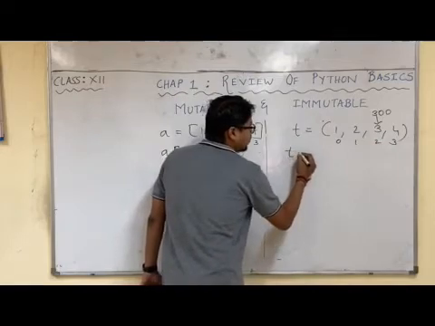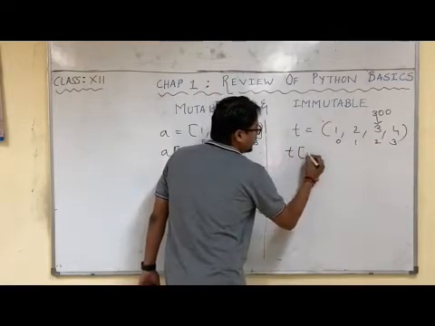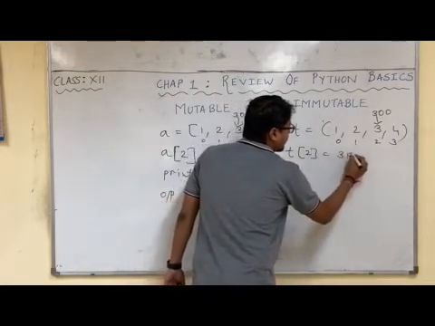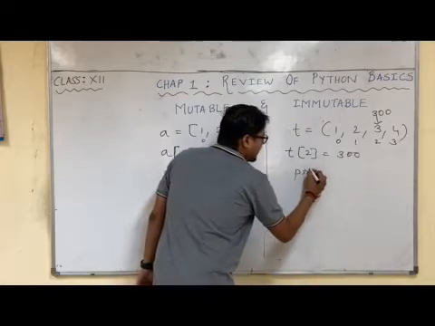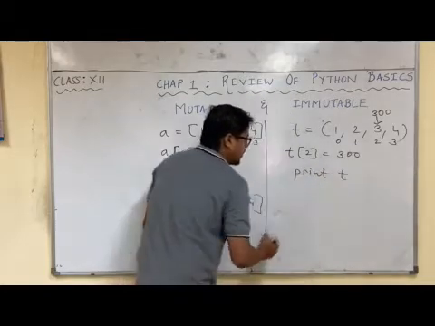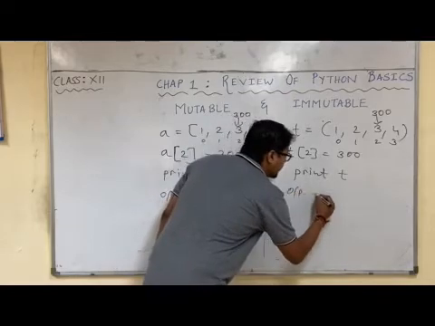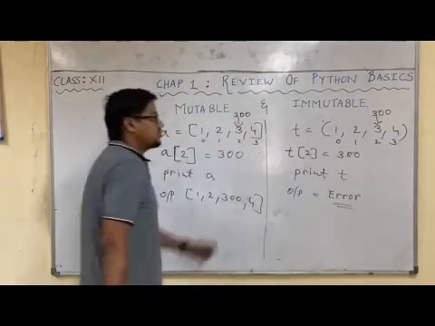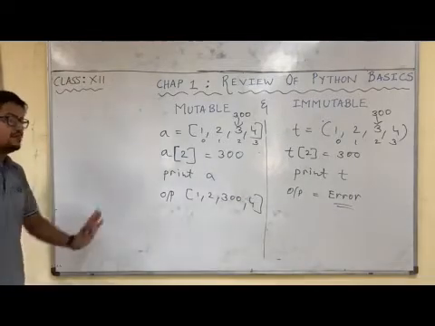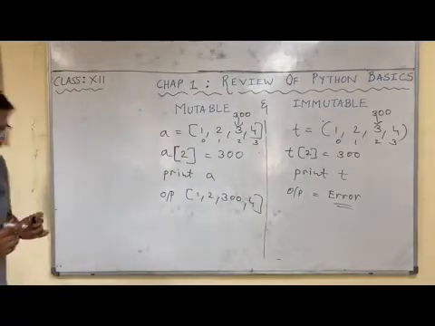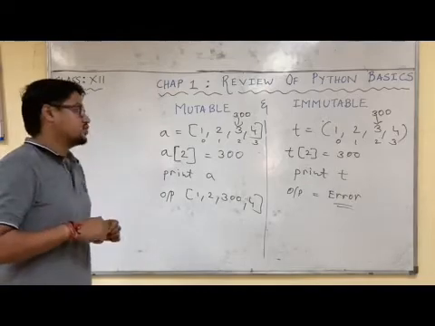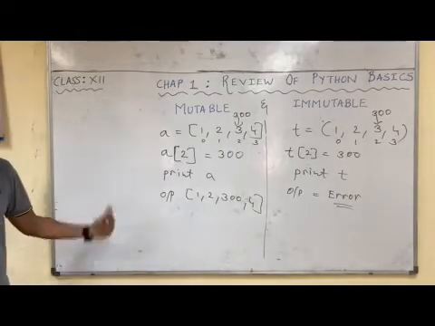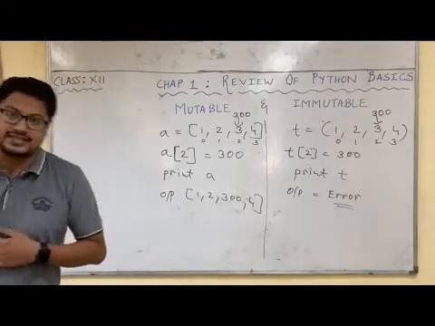We will write, say, T of 2 equal to 300, and if we now try to print this tuple, the output will give me an error saying that tuple is of the immutable type. That means we cannot change the elements of a tuple directly once it is specified. So this was mutable and immutable types along with examples.